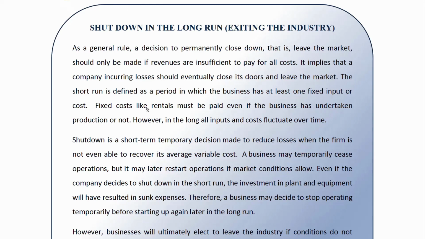The short run is defined as a period in which the business has at least one fixed input or cost. Fixed costs like rentals must be paid even if the business has undertaken production or not. However, in the long run, all inputs and costs fluctuate over time.